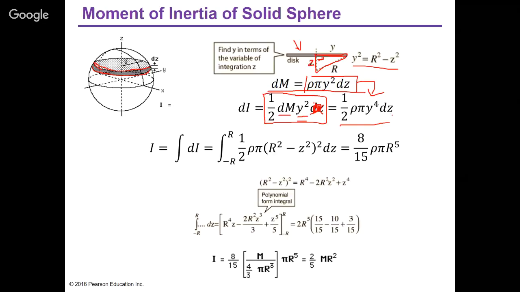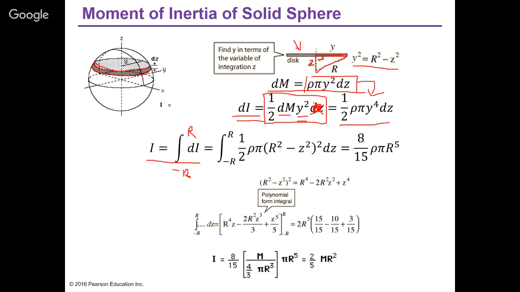Okay, what we want to do next is basically calculate the total moment of inertia. Basically, we're integrating all of these small disks from negative r to positive r, right?